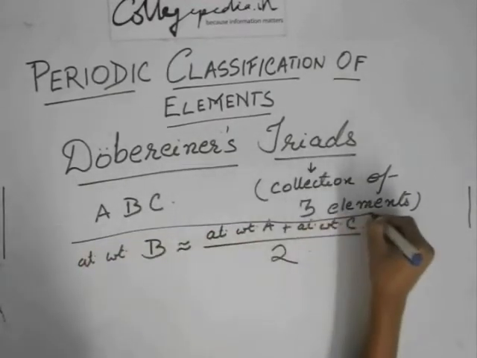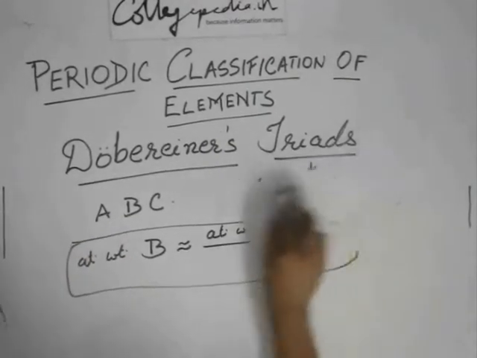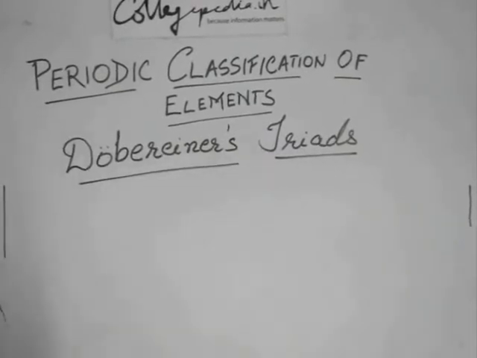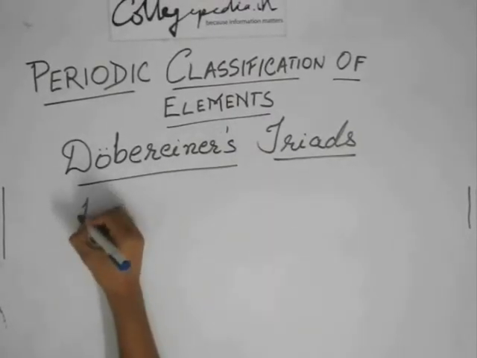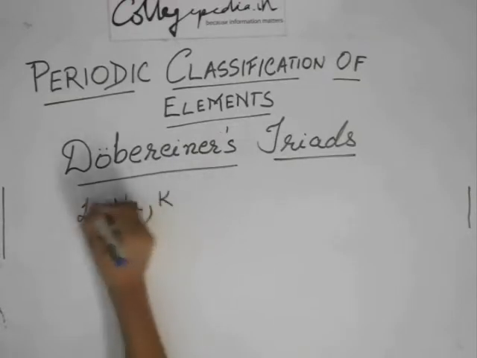So this was his formula for classification. And he found 3 such groups of elements. One was lithium, sodium, potassium.